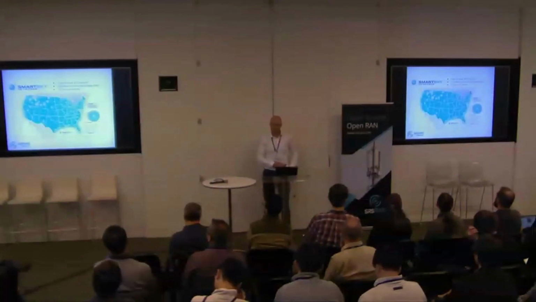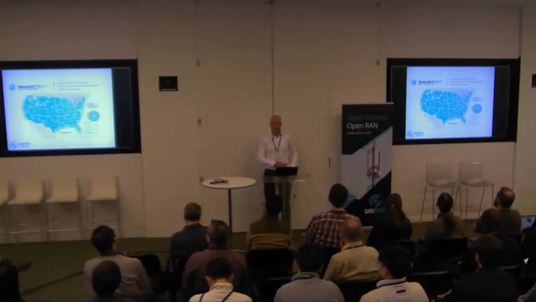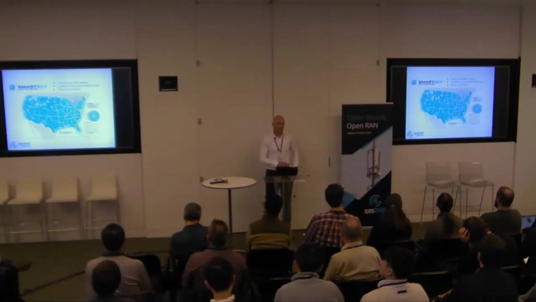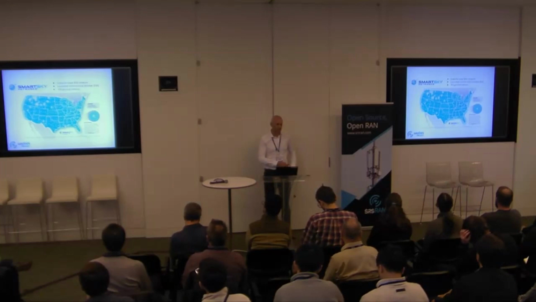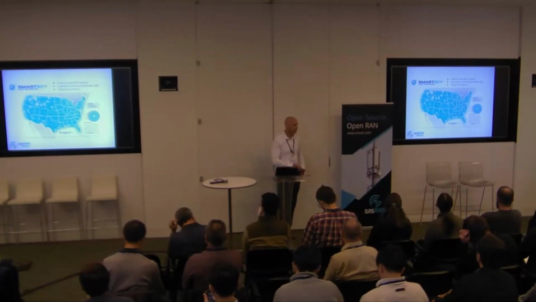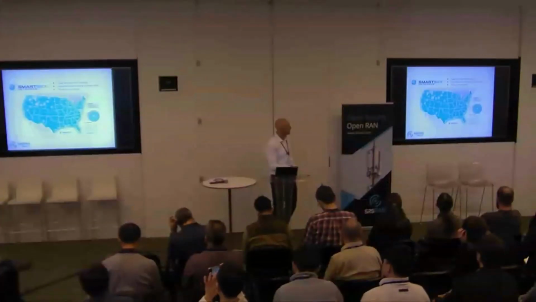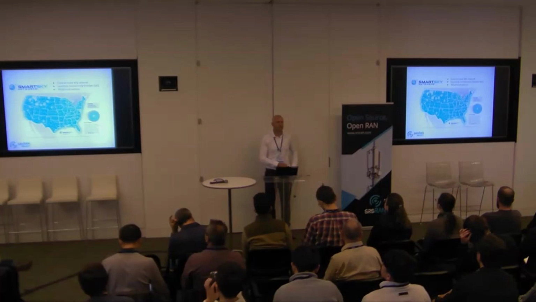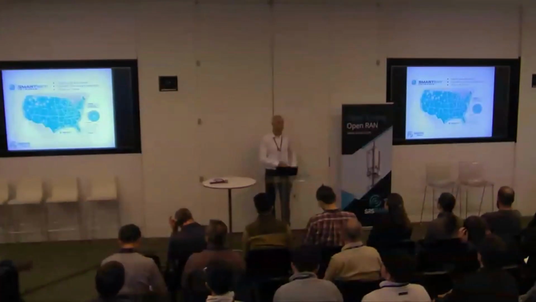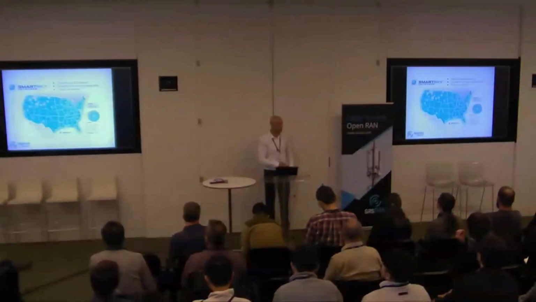And most recently, we've launched a commercial network with Smart Sky Networks here in the US. With Smart Sky Networks, we've deployed across 350 ground stations, coast to coast. And this is an air-to-ground network, primarily for business jets. But across those ground stations, we're running 700 instances of srsRAN. And that's a production network that has been live since about October 2021.